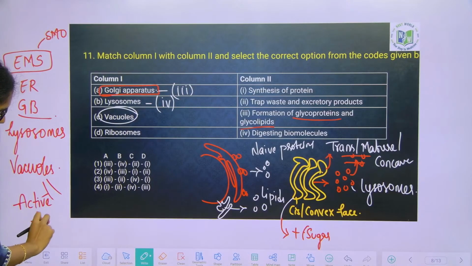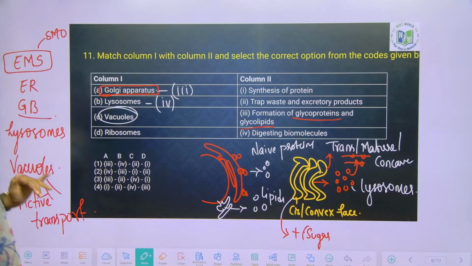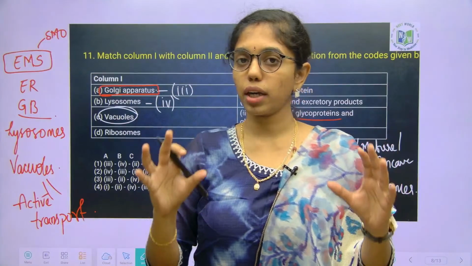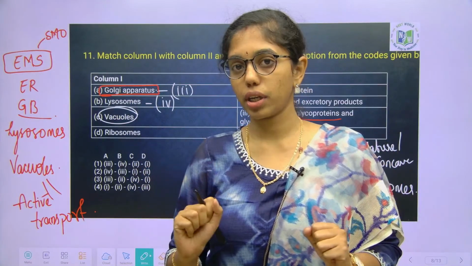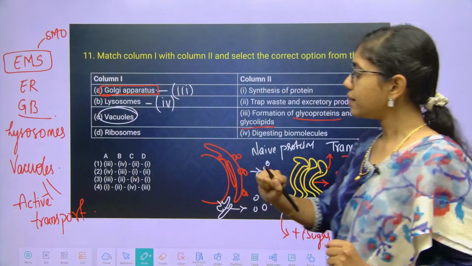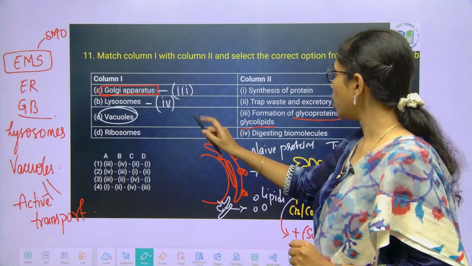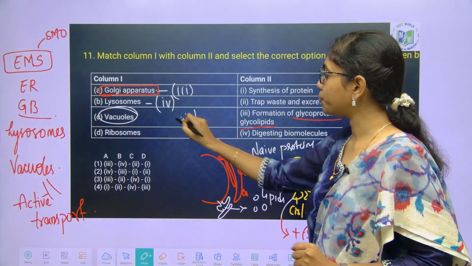Via active transport. This is how all the functions of these 4 organelles are coordinated. As the functions of these organelles are coordinated, this set of organelles is placed in the endomembrane system. So vacuoles, here you can see they trap waste and excretory products, which is option 2.